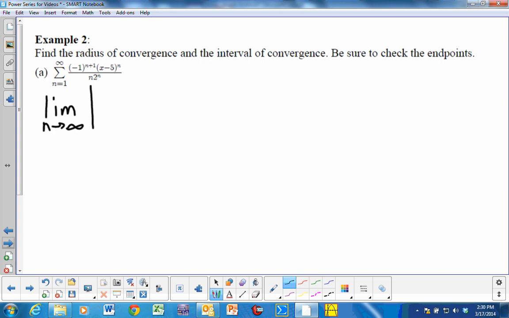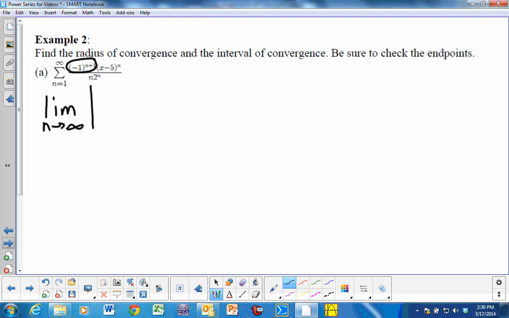Now, I'm going to do absolute value, so I want you to think very carefully about this right here. What does that negative 1 to the n plus 1 actually do? Well, what it does is simply make something negative, then positive, then negative. It's an alternator. Well, if I'm taking the absolute value, then I'm just making everything positive.